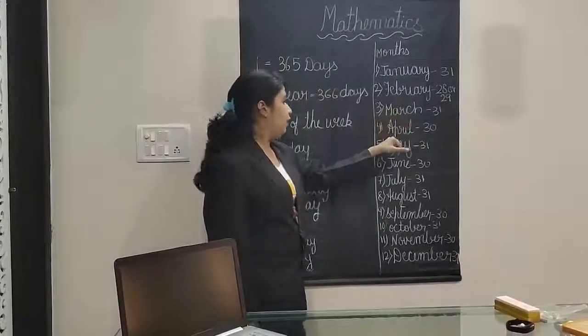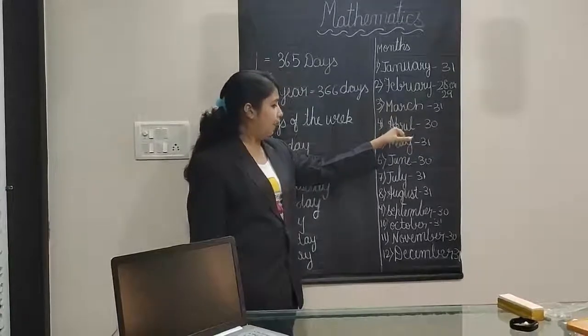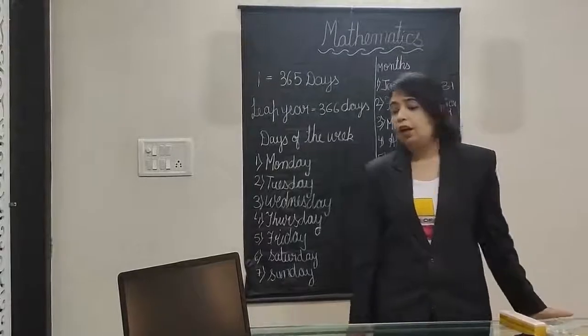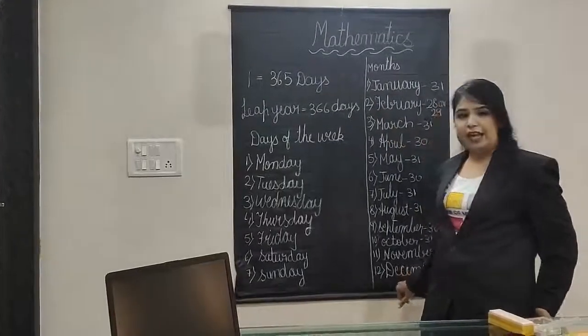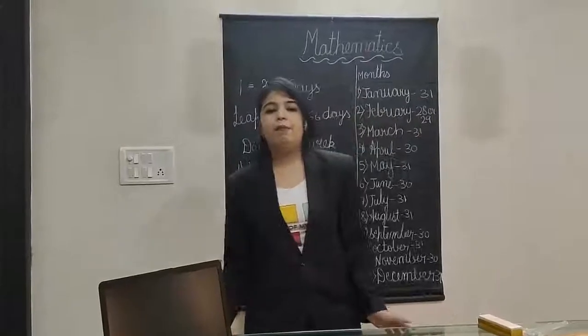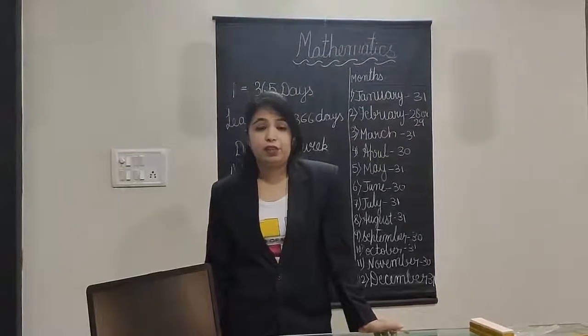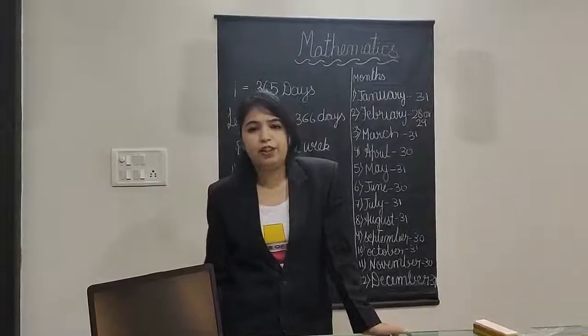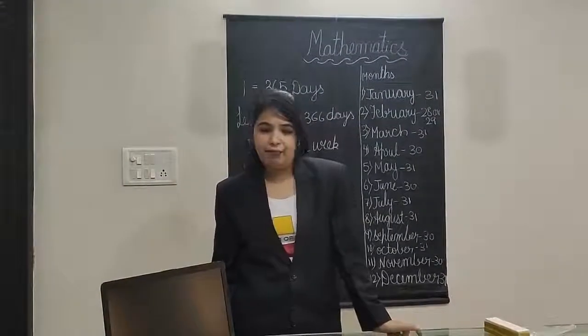After March, April. Which month is the last month of the year? December is the last month of the year. In this way, you have to remember it, and I will ask you questions on it frequently. So I hope you have understood well about the time, days of the week and months in a year.